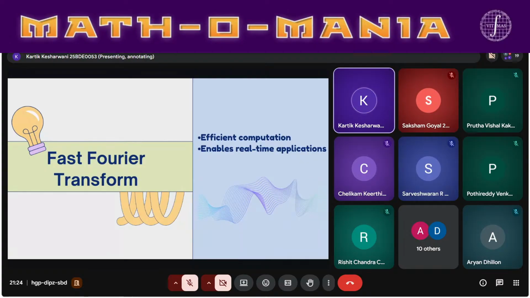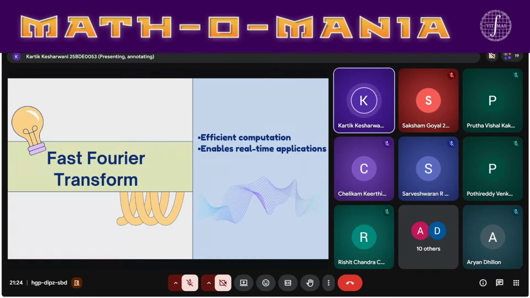This improvement is very important because modern applications require real time processing, whether it is streaming music, processing images, or analyzing signals in communication systems. Speed is crucial. Because of the FFT, operations that would otherwise take a long time can now be completed almost instantly.